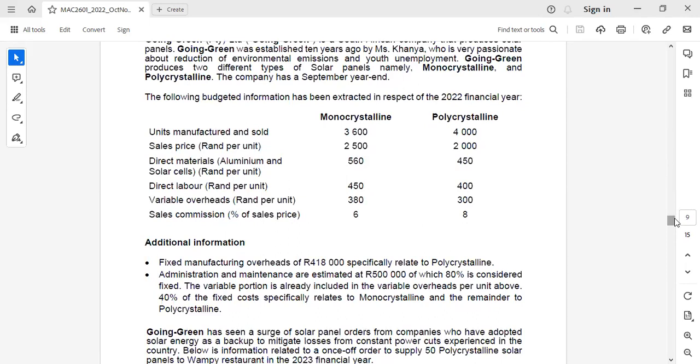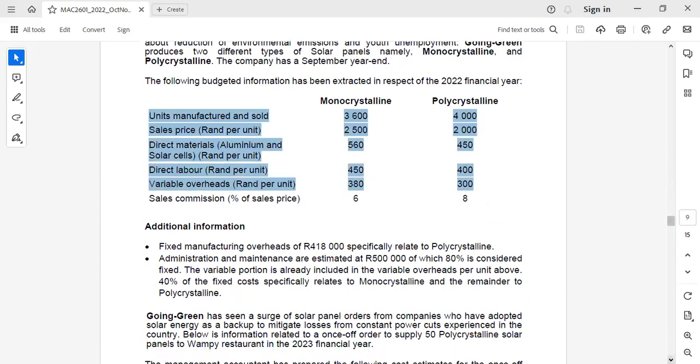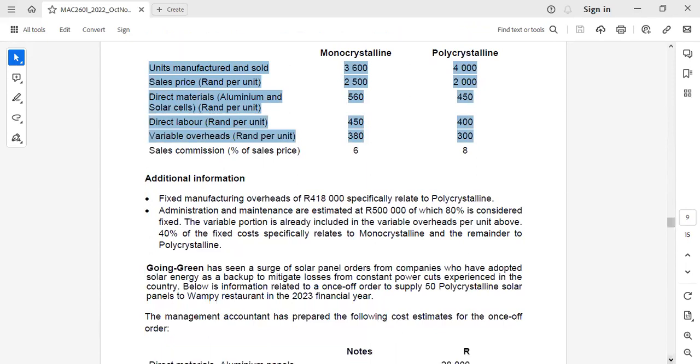This is the budgeted information. I think the contribution, we can get it from these. We are given the sales and the variable costs. Then we are told the additional information. Manufacturing overheads of 418 specifically relate to polycrystalline. Administration and maintenance are estimated at 500,000, of which 80% is considered fixed.